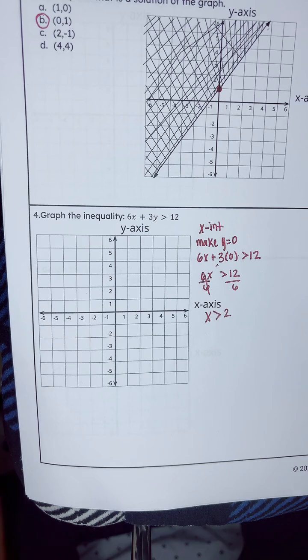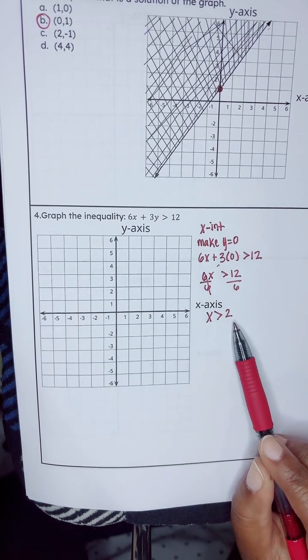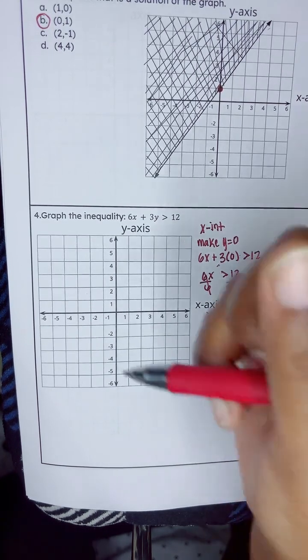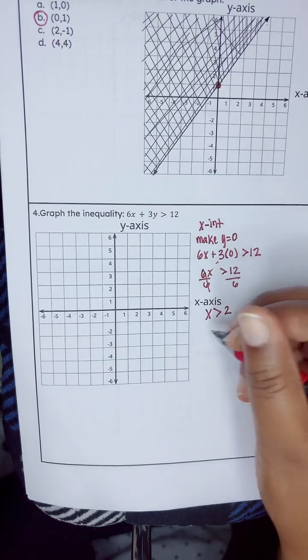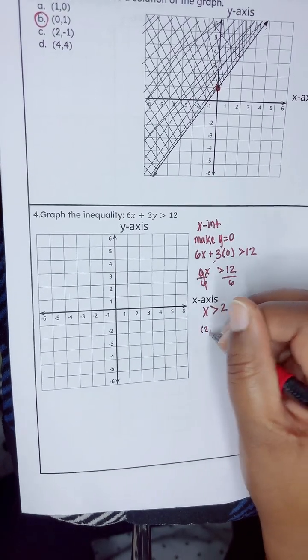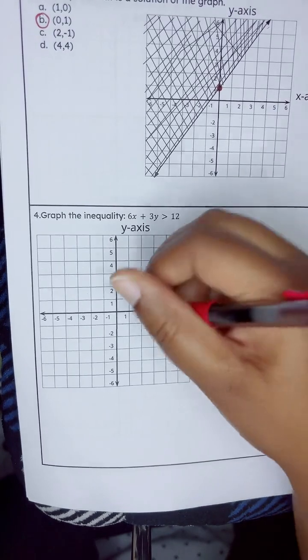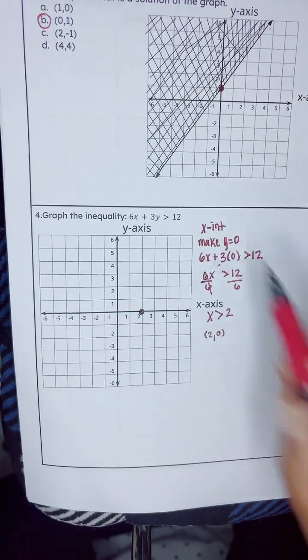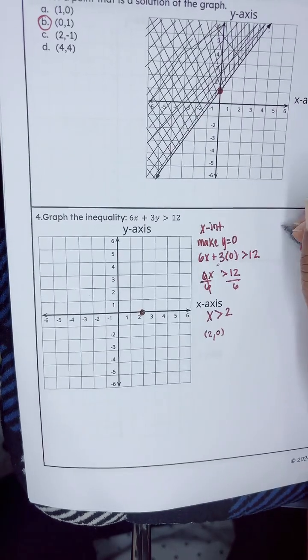Okay, so this is where one point is going to be. So x is going to be at 2. So we could say our intercept is 2, 0. So I'm going to put a point right here. And now let's find our y-intercept.